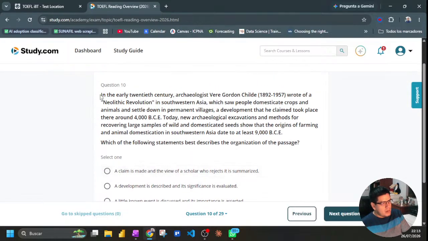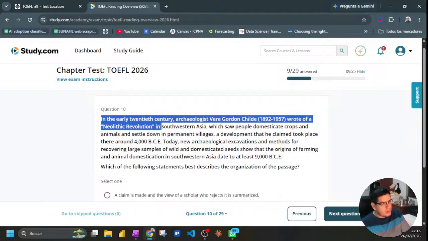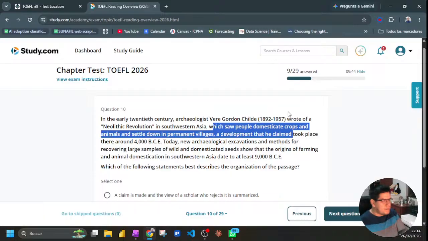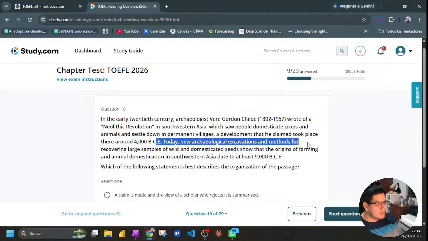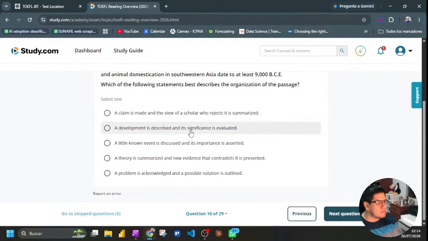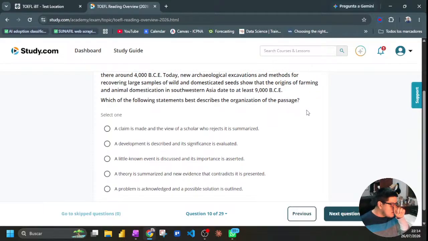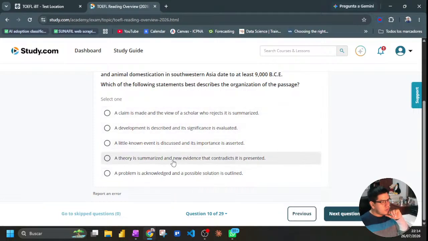Archaeologists wrote, which saw domesticate. The theory is summarized and new evidence that contradicts it is presented.